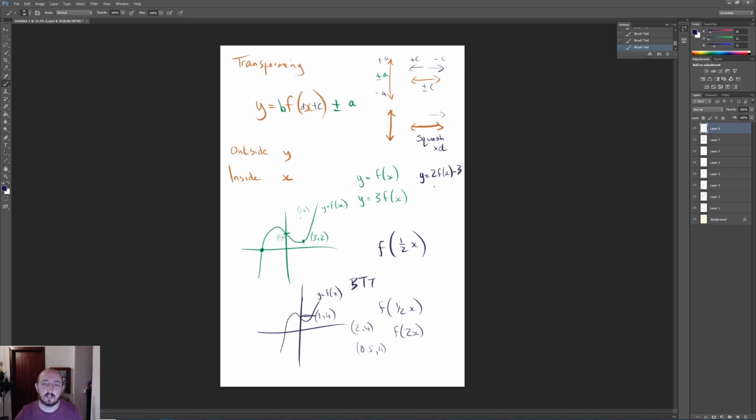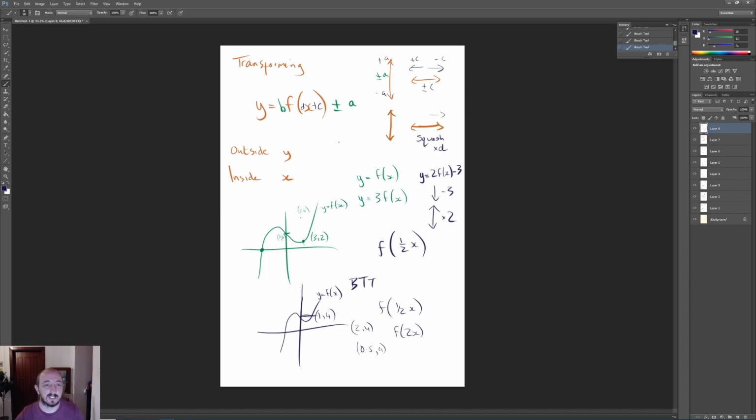Minus 3 is going to be a translation 3 units downwards, and then once you've done that, you're going to stretch it by a scale factor of 2, so stretching the y by a factor of 2. You can do them either way around, that will still work. Okay, so try the website and see if you can master all of those.